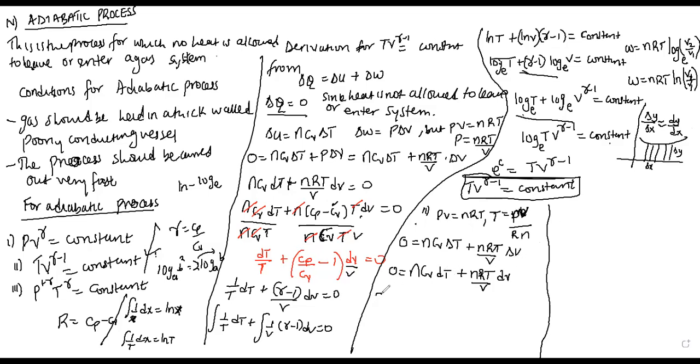So when I substitute here, I'll get 0 is nCv dT plus n over PV times R over nR of V dV.